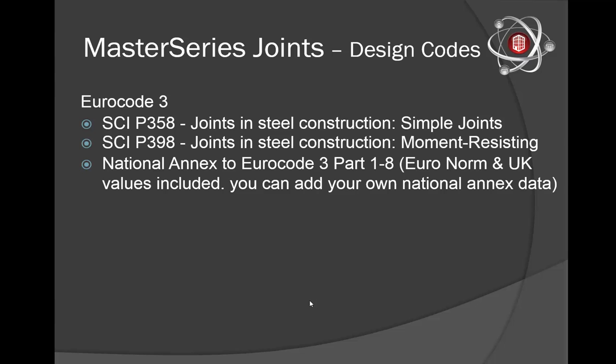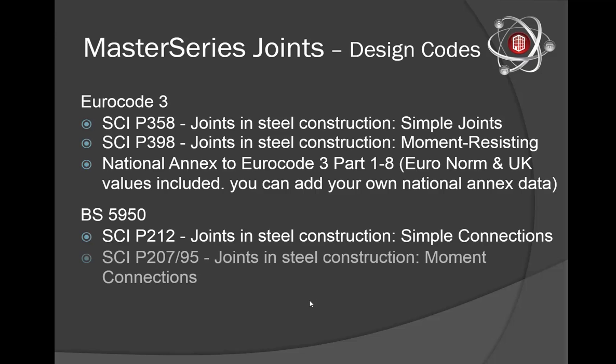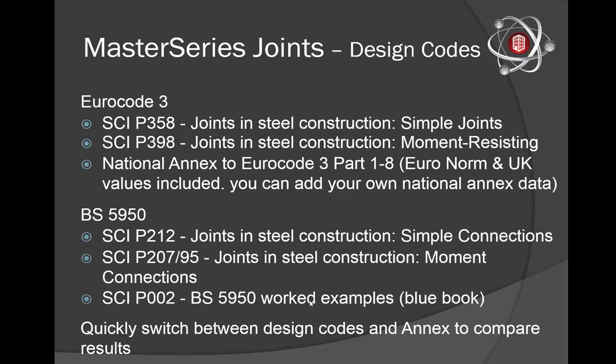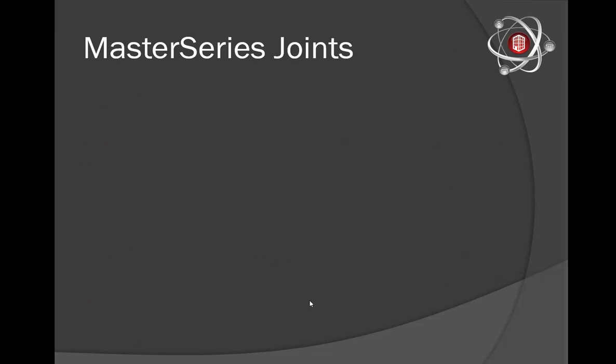You can then add your own values in if you wish to do design for France or Ireland or anywhere in the world. We also have the BS, so you're not being stranded with this brand new system. You can revert back to the BS, which designs to the old publications, and you can quickly switch between design codes or even annexes to see the differences and how the national annex applies.